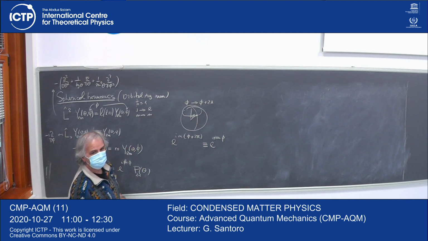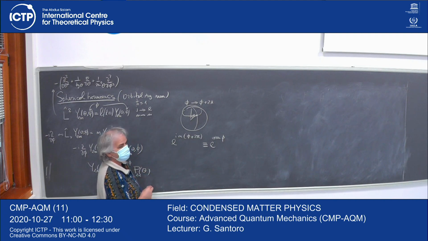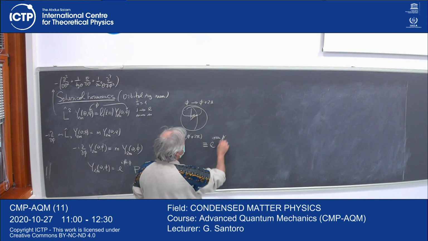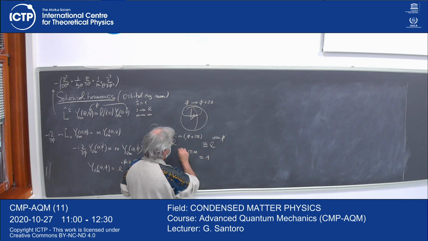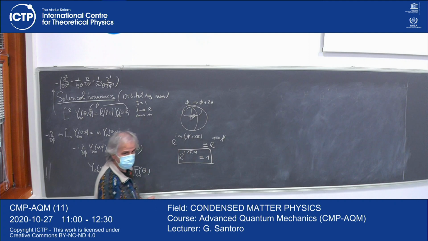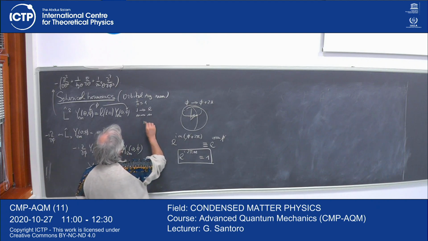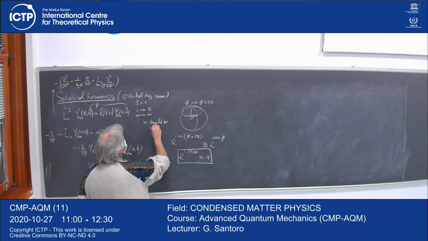When this happens, what m do you need to have? Is it clear? I want e to the i 2 pi m equal to 1. But if m is half integer, this is minus 1. So m should be integer.